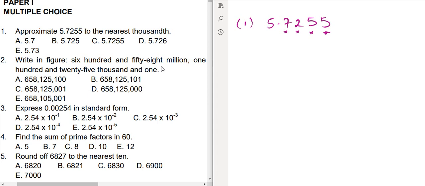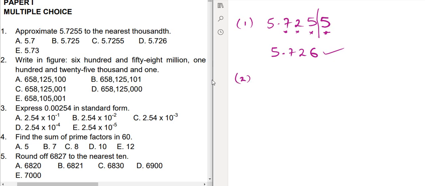Since this is the thousandth position, we draw our line here, right? Yes. Is this digit 5 or more? Yes. So we call it 1 and add it to this digit, and it becomes 5.726, because 1 plus 5 becomes 6. That's option D.